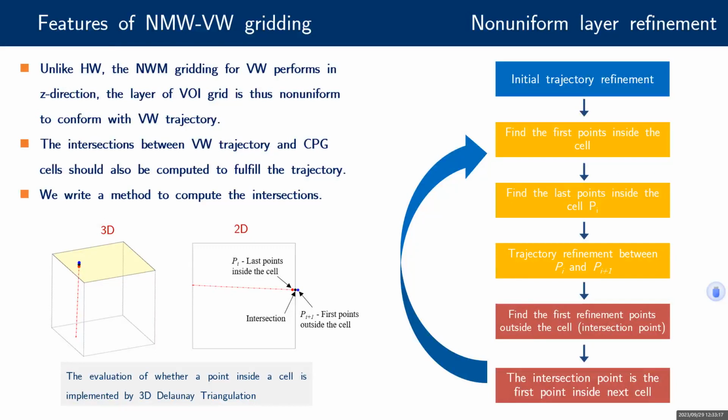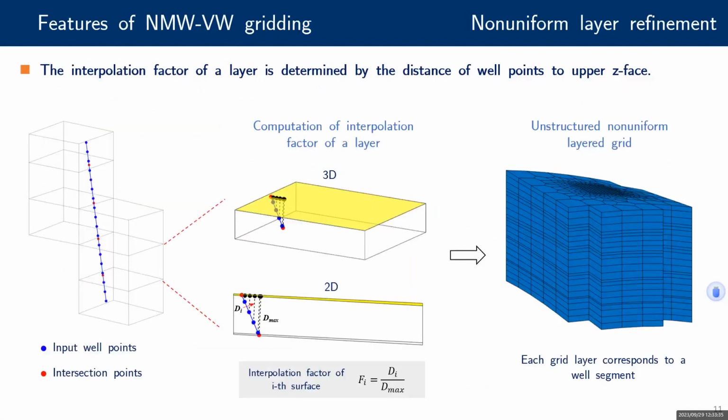In order to make each subdivision layer of the well grid, the density of the well grid in the longitudinal direction is non-uniform. Here we design a new method to calculate the intersection point of the well. The intersection factor of the layer is determined by the distance from the well to the upper face.